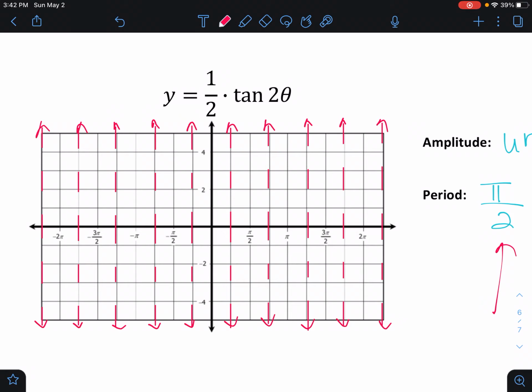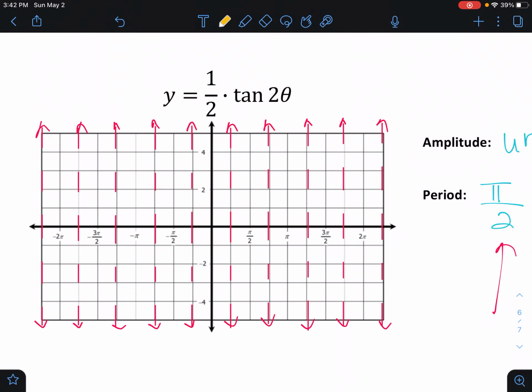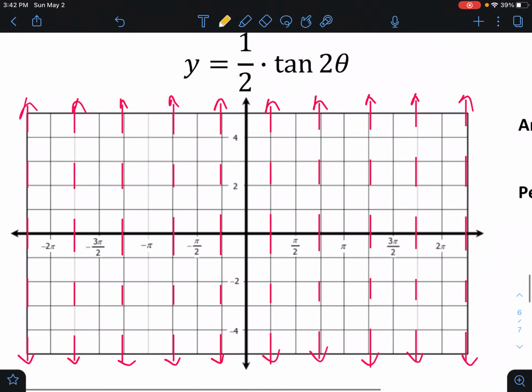Okay, now I'm going to plot my lovely graphs. Now I know this is 0, and now it's a half, right? So I want to put a dot right there and right here. Okay, so this is going to be a little weird.